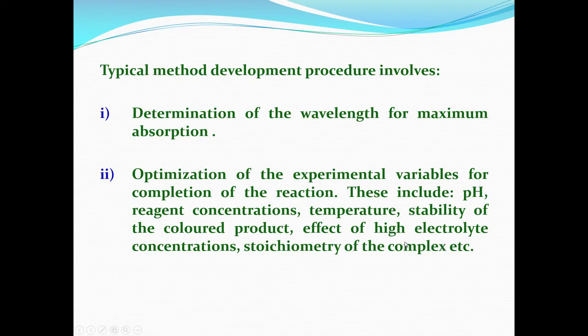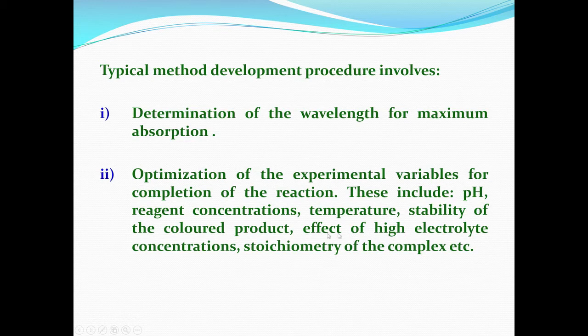For example, you want to determine magnesium or zinc in sea water. The zinc or magnesium may be in ppm, parts per million, or maybe less than that, but it also contains 3.5%, 35,000 milligram per liter, of sodium chloride.